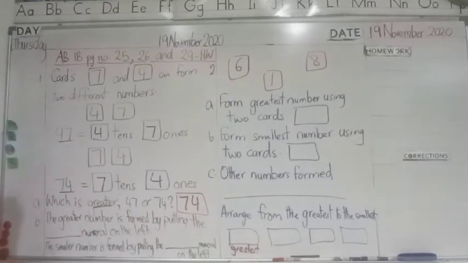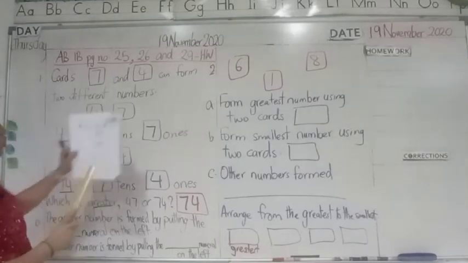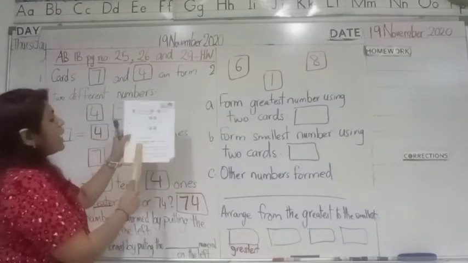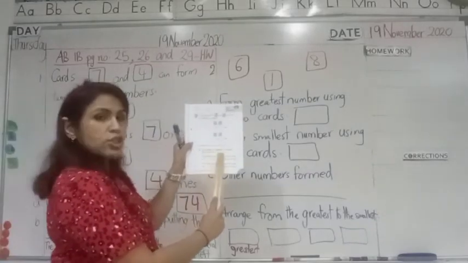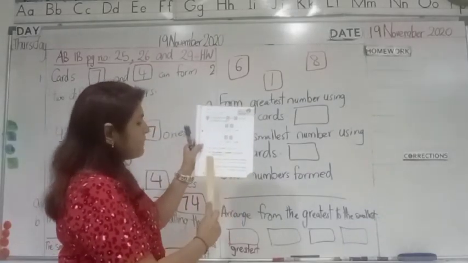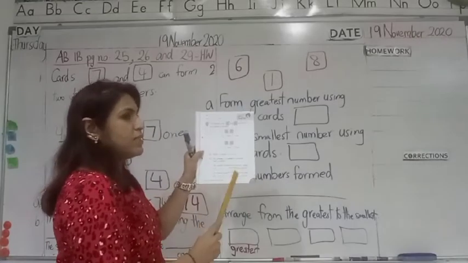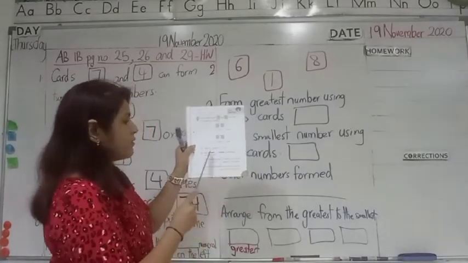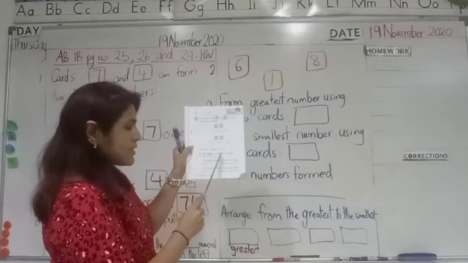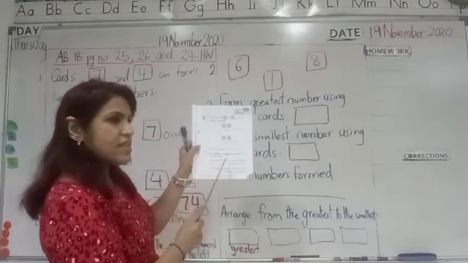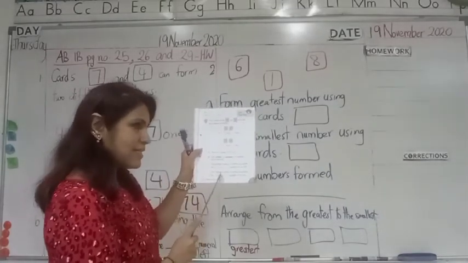Okay. Now, let's read this. Use greater or smaller to complete each sentence. That means you have to use the word greater or smaller to fill in the blanks to complete the sentence.